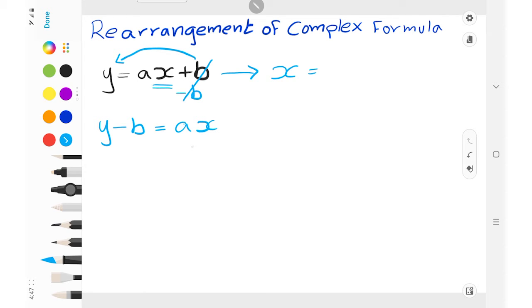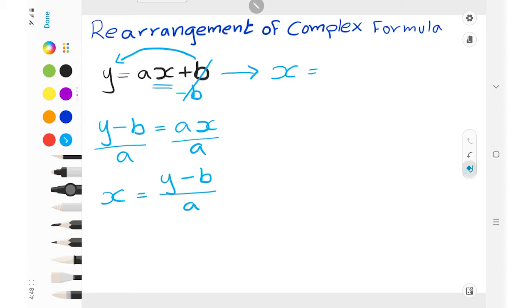So I have here a multiplied by x, and I have here y minus b. So if I divide by a, I will get x equal y minus b divided by a. This is it. This is how to arrange a simple formula.